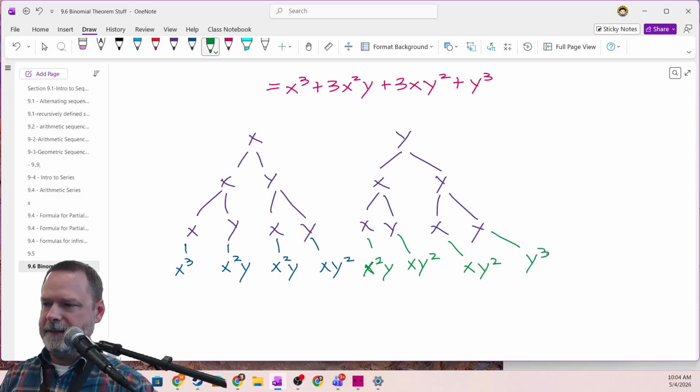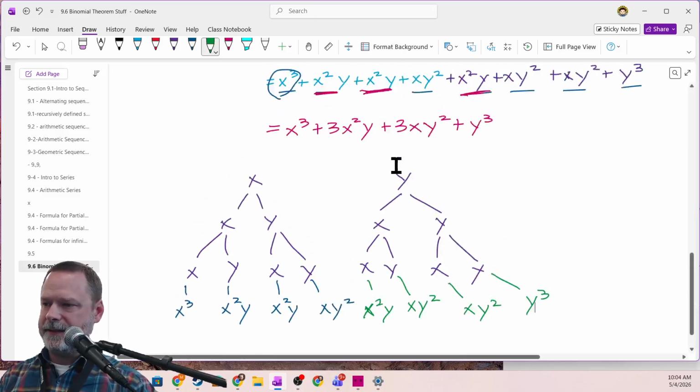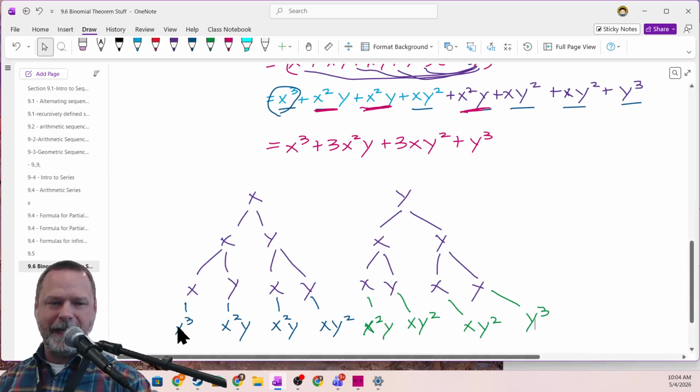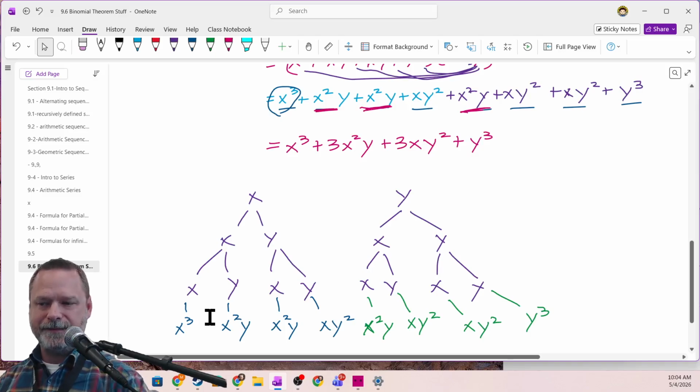And so you can see we get the same exact result. This was every term. This is every possibility, every outcome, if you think of it as picking an x or a y 3 times.